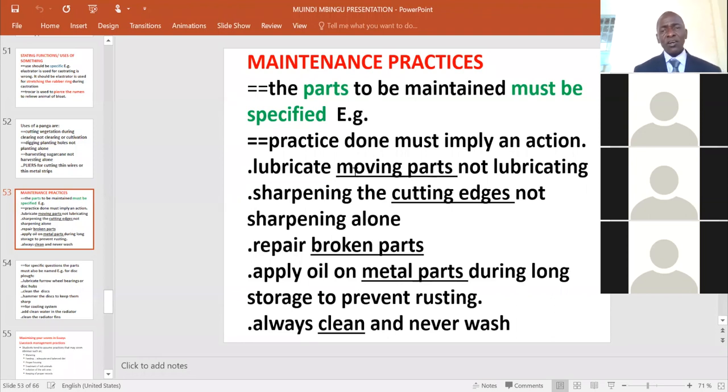So you must specify oil paints. Apart from that, you must also state that the oil paints are applied on metallic parts, because some implements have got parts that are made of rubber. So don't just say apply oil paints. Say apply oil paints on metallic parts to prevent rusting. I think that is sufficient.